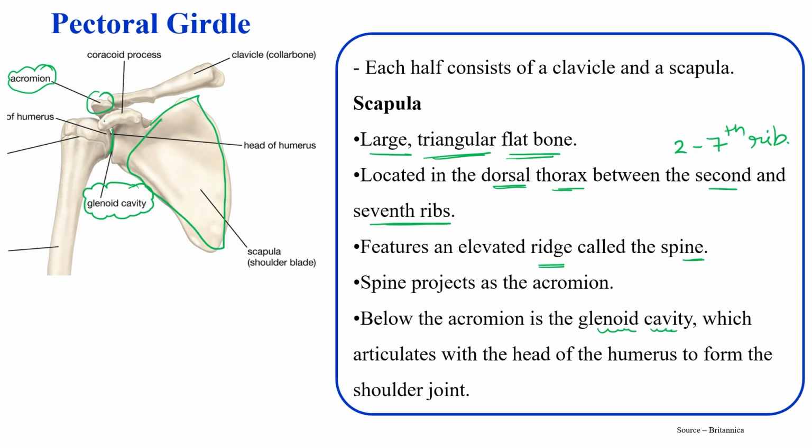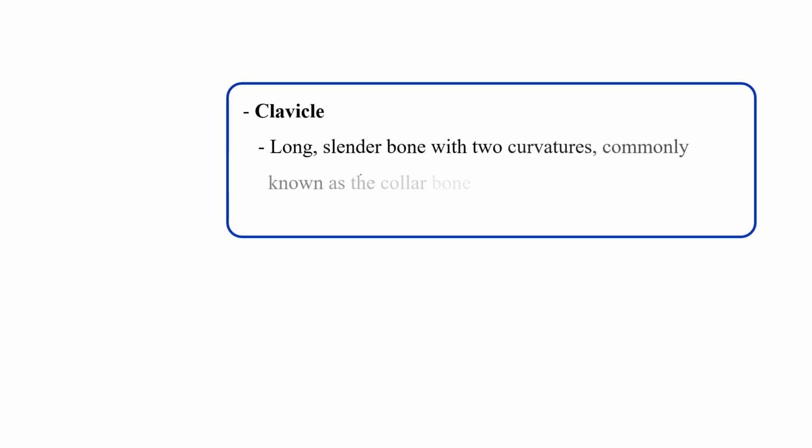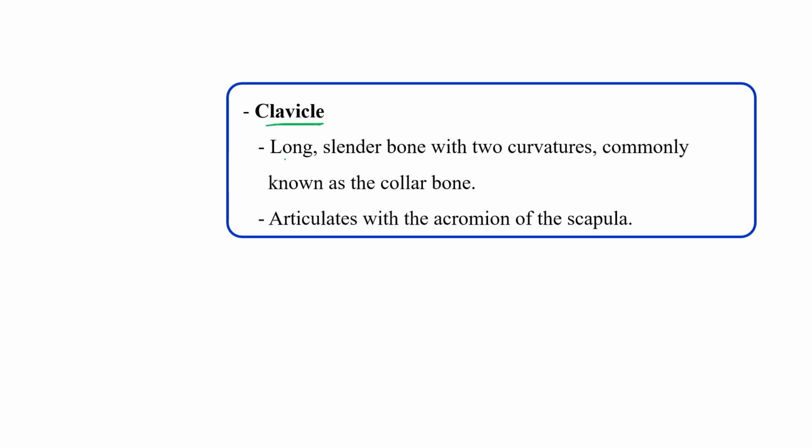Just below this acromion, there is a glenoid cavity in which the head of the humerus bone fits to form the shoulder joint, which is a ball and socket joint. Clear? The clavicle, as you have just seen in the picture, is a long cylindrical bone with 2 curvatures, commonly known as the collarbone. This clavicle articulates with the acromion of the scapula.